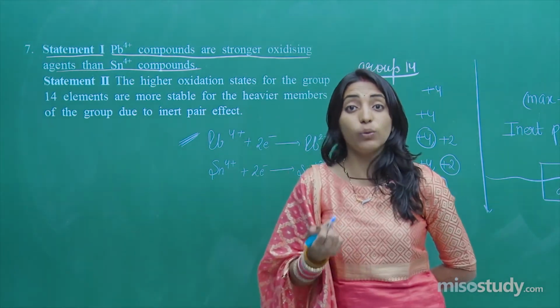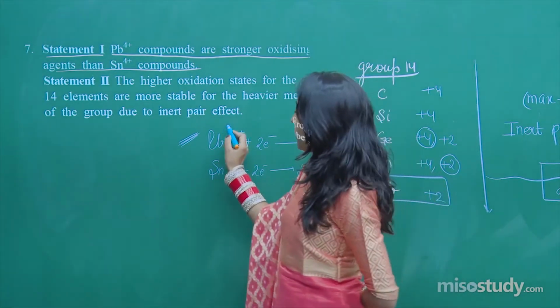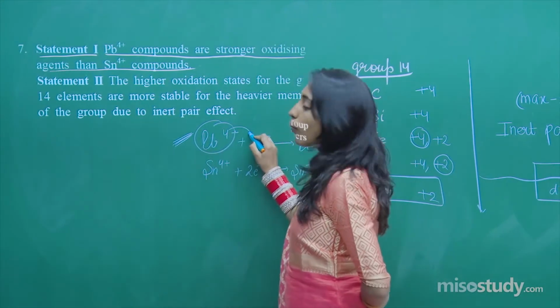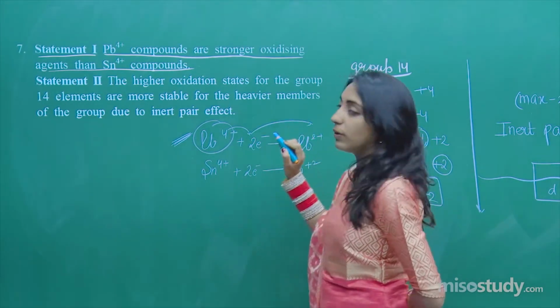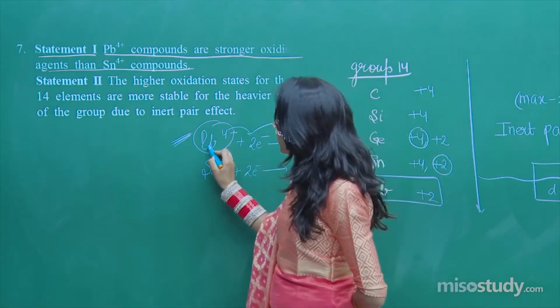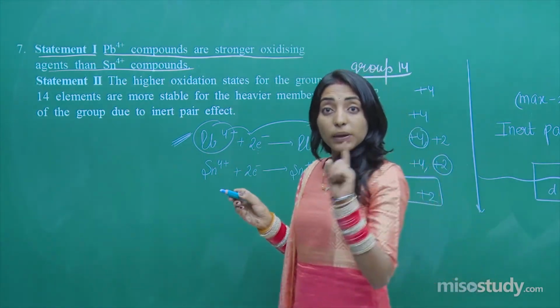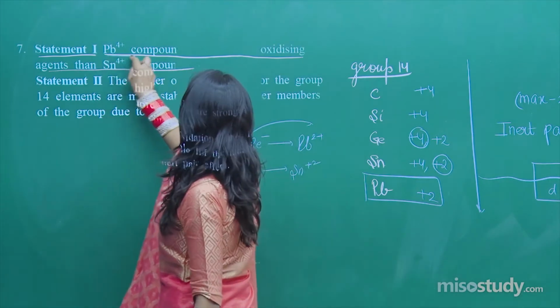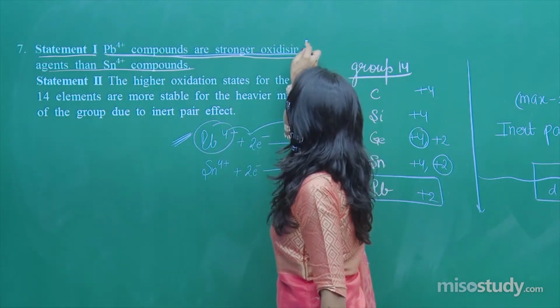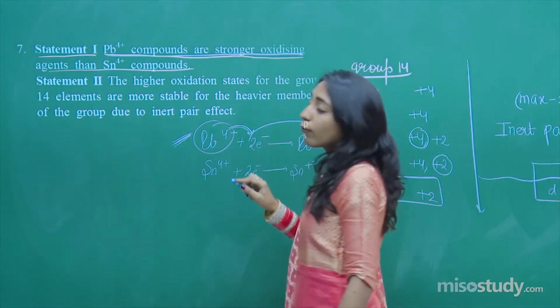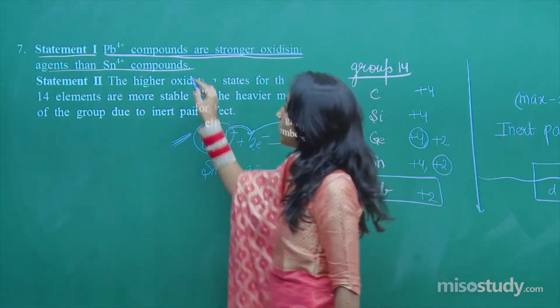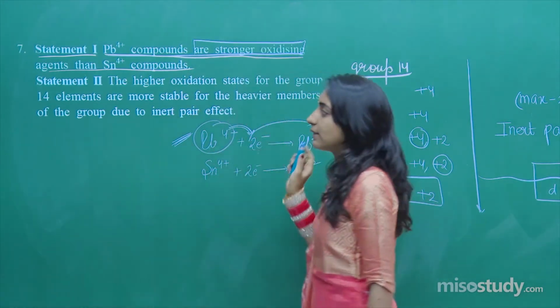It will take place quickly. Why? Because Pb +4 is not stable, it actually wants to accept 2 electrons and form Pb2+. That means Pb +4 wants to undergo reduction. And when Pb +4 compounds want to undergo reduction, they will be called stronger oxidizing agents.